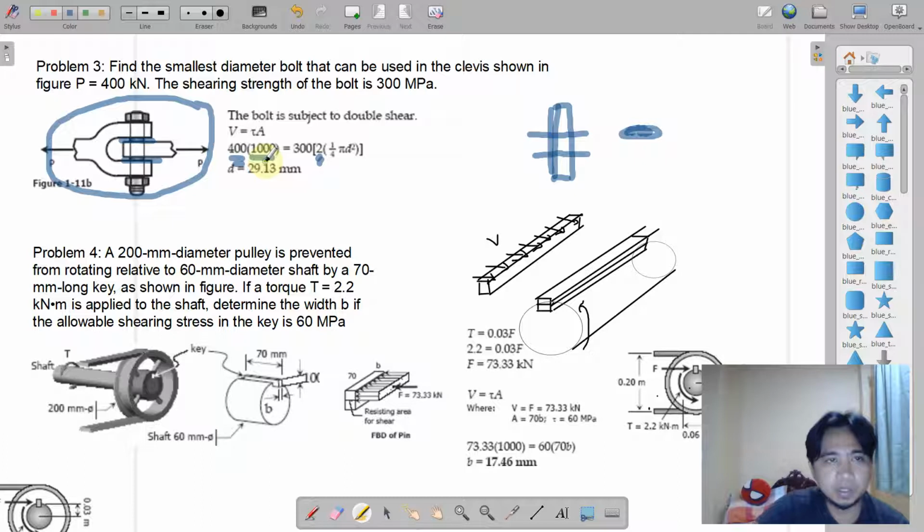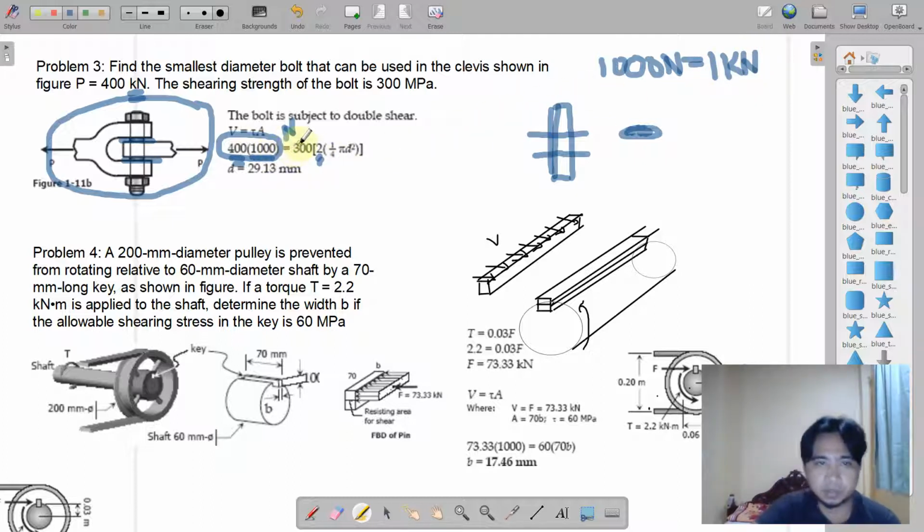It is being multiplied by 1000 because this force is in terms of kilonewton, and we need to be consistent and express this force in Newton. To recall, in 1000 Newton there is 1 kilonewton. So 1000 here is a conversion factor to express our shear force in terms of Newton.